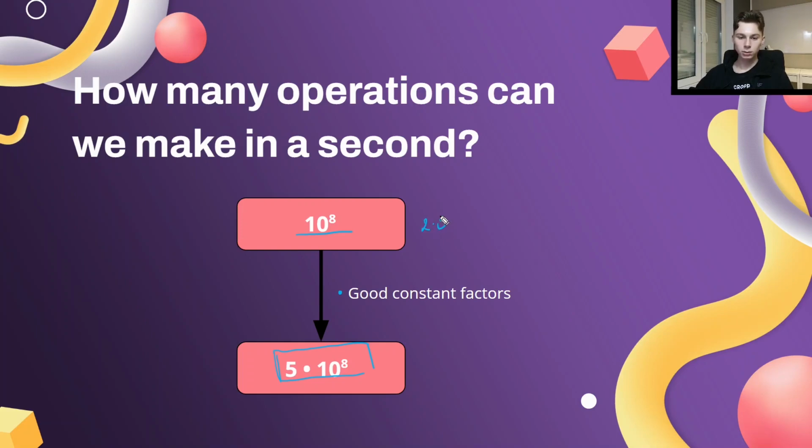So 2 times 5 times 10 to the power of 8 will be 10 times 10 to the power of 8, which will be 10 to the power of 9. And this is the number of operations that you can make in our submission time.